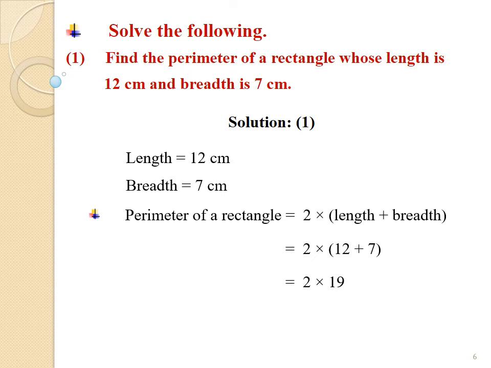Students, now we have to multiply 19 by 2. Thus, multiplying 19 by 2, we get 38. Thus, perimeter of a rectangle equals 38 centimeters.